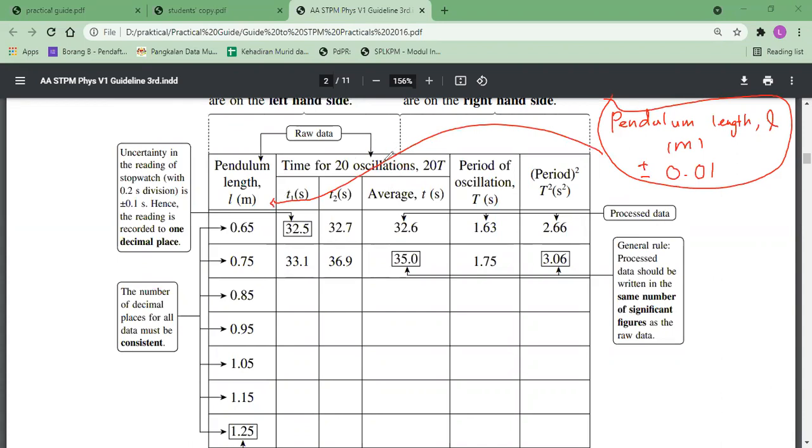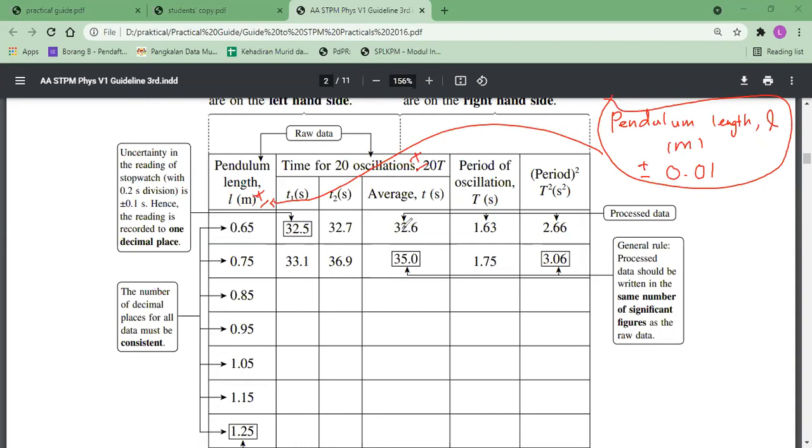So time for 20 oscillations, 20T, you must have plus minus something. Uncertainties, so here you must write plus minus. Then the period of the oscillation is from the time, right?